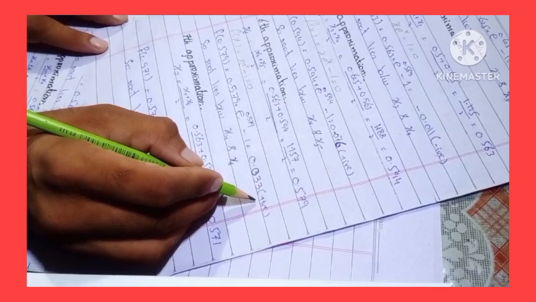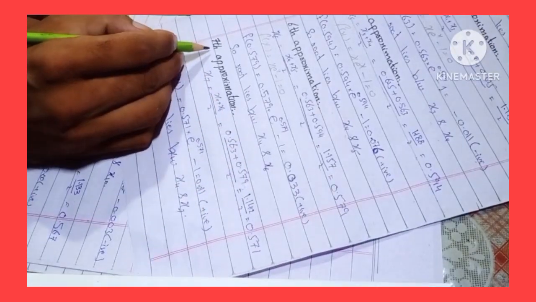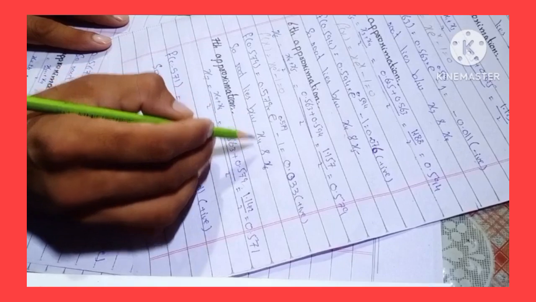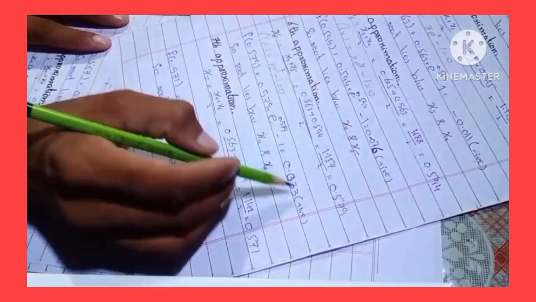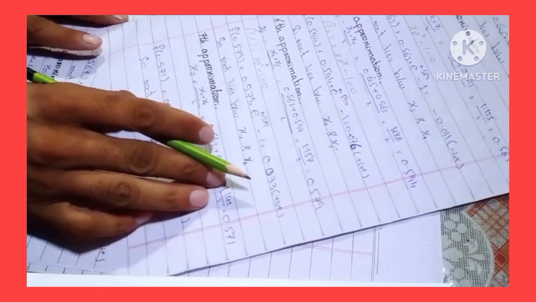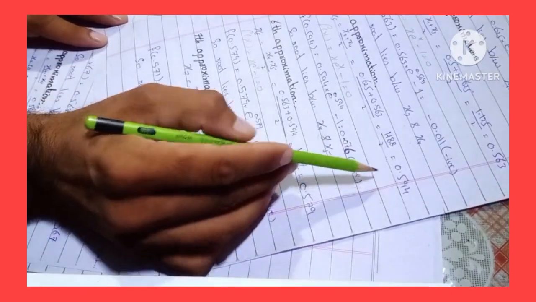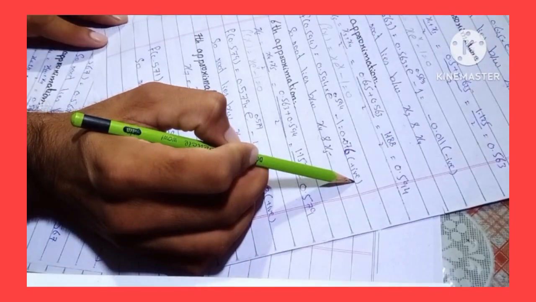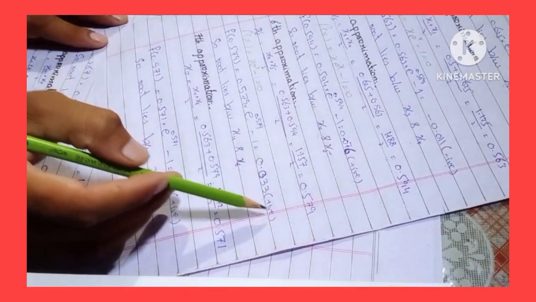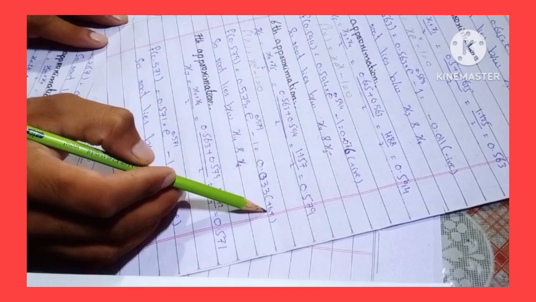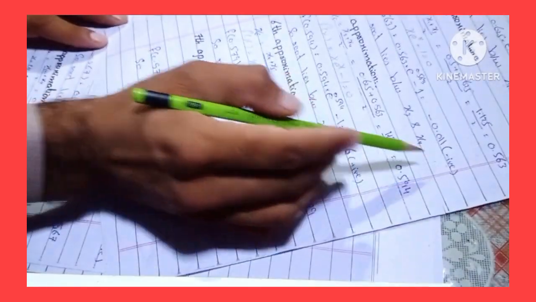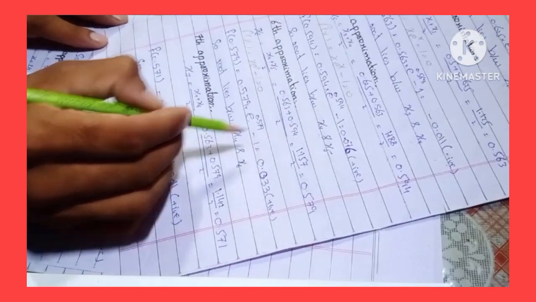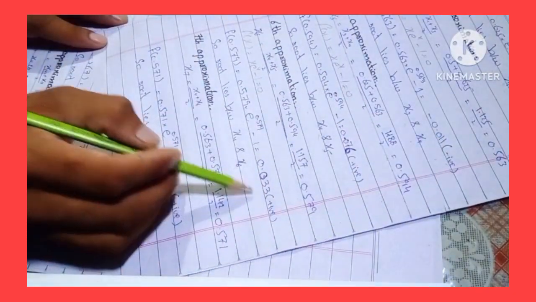It's a positive answer. So the root lies between x4 and x6, because x4 is negative and x6 is positive. The root lies where two values have opposite signs.